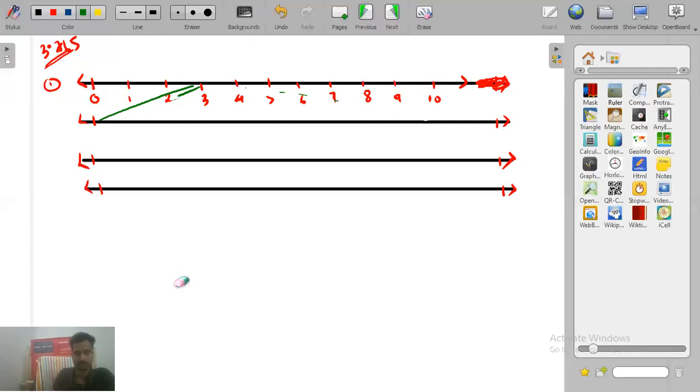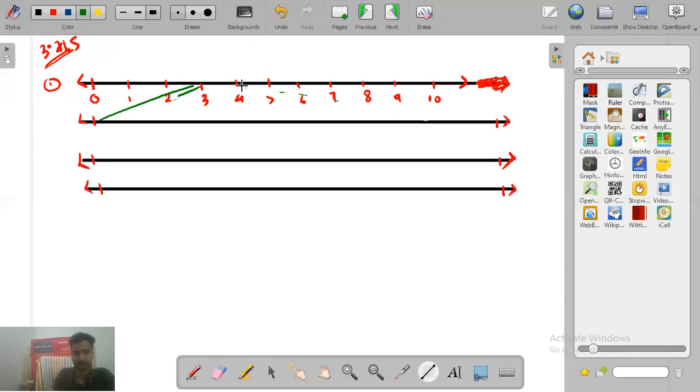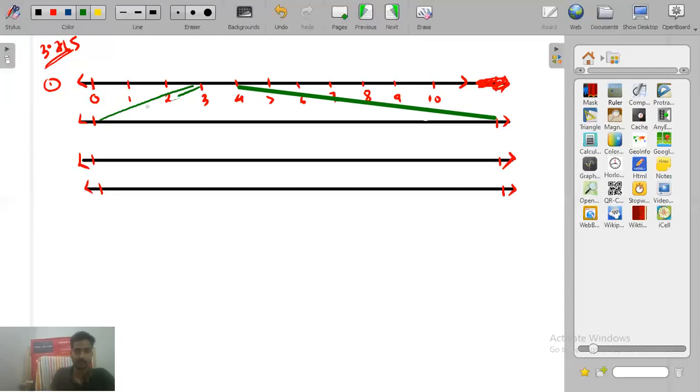Let me draw one straight line here. So now see, it will lie between 3 and 4. So write down 3 and 4 here. Now divide 3 and 4 into 10 equal parts. Suppose 1, 2, 3, 4, 5, 6, 7, 8, 9, 10.